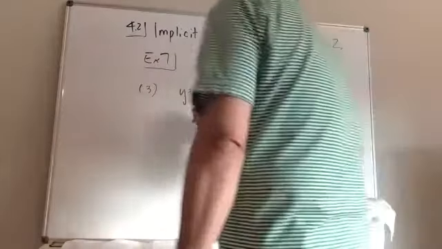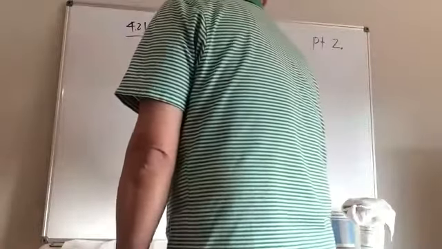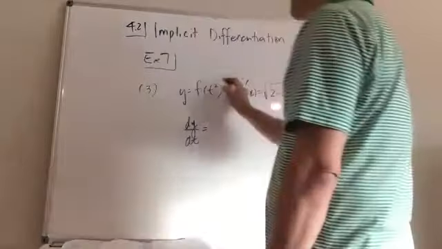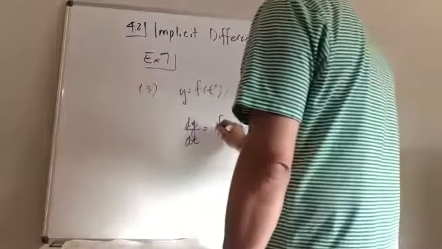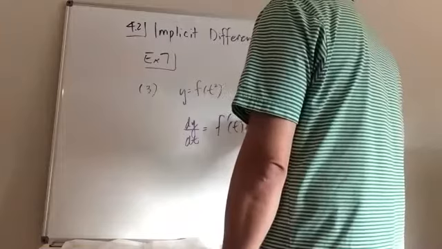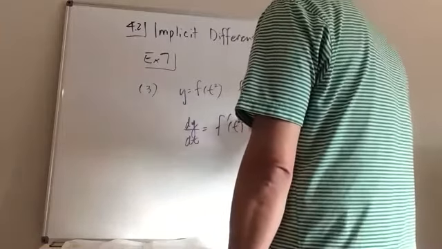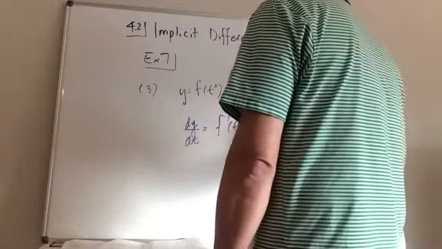And we're trying to find dy dt, which is this guy right here, right? So it's going to be f prime of t squared, right? And then we're going to have to do what? The times a 2t, right?